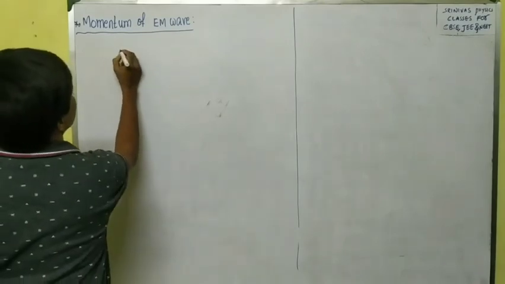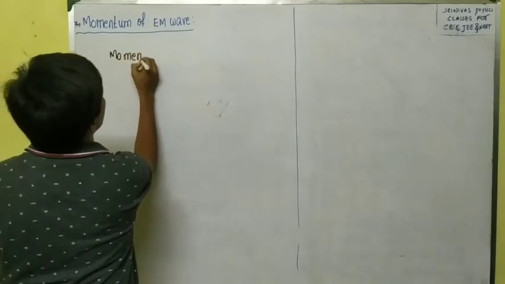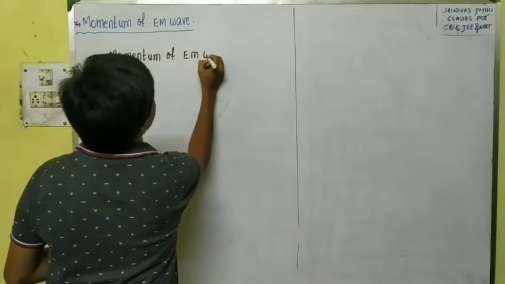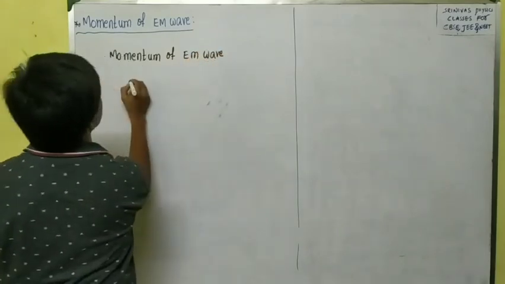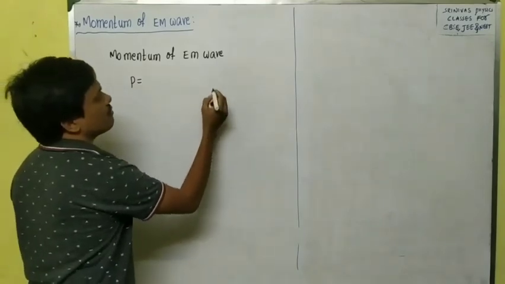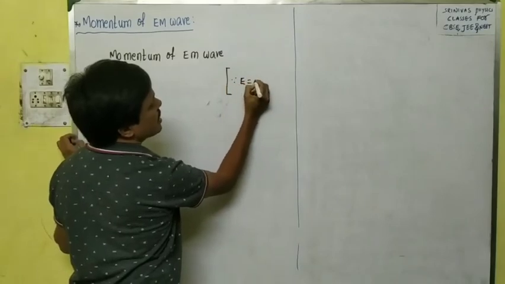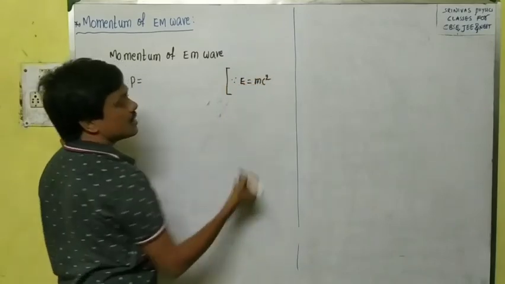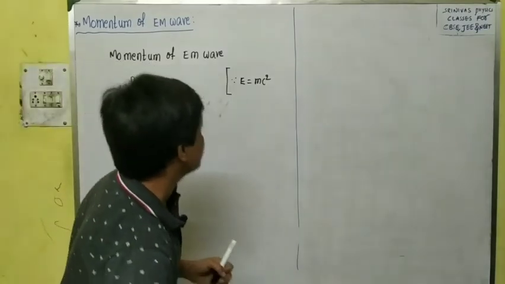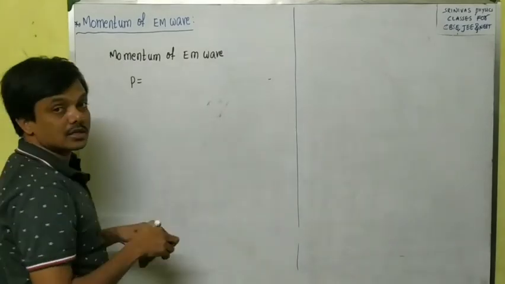The formula for the momentum of EM wave is very simple to write. We take the momentum as P, the momentum of EM wave with equivalent mass. For example, energy of EM wave we write as mc square.